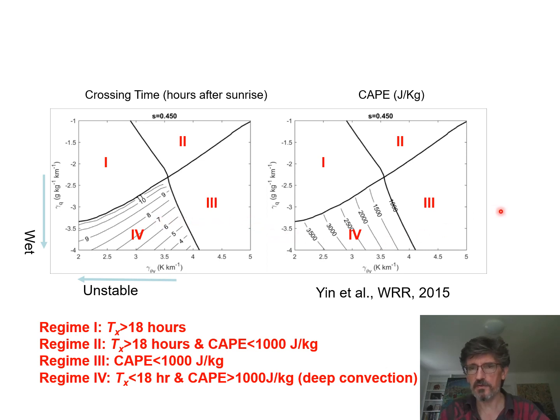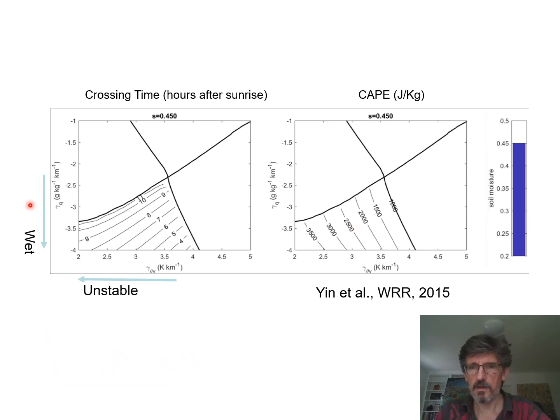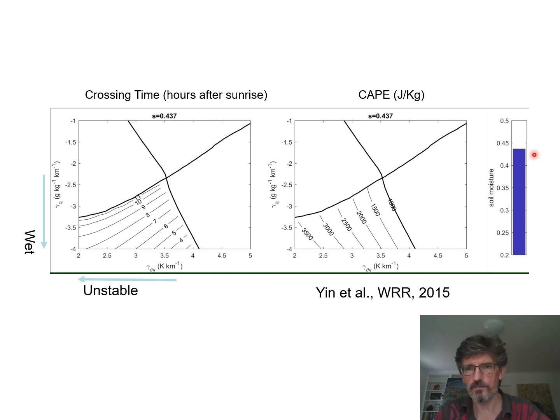Let's see what happens in case of reduction of soil moisture content. There is an animation here. Let's see if it plays. We have the same regime. Now we are talking about soil moisture here at 0.45. That was well water condition. Let's see what happens as we start the animation and soil moisture goes down, how these regimes change.